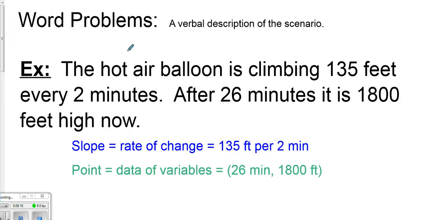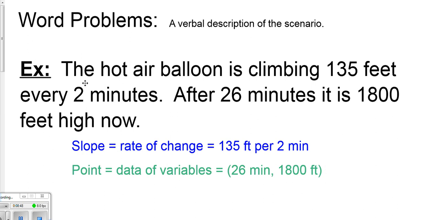Word problems. Any word problem is just a verbal description of the scenario. So I'm going to show you a couple different examples of what word problems could be. So for example, if they said, the hot air balloon is climbing 135 feet every 2 minutes. After 26 minutes, it is 1,800 feet high right now. Well, okay, what can we measure? Feet, or height there, and minutes, or the time.